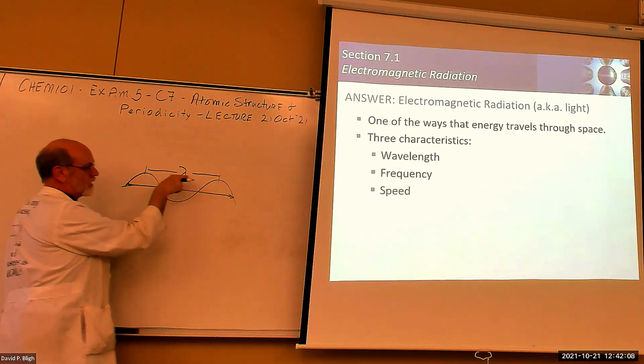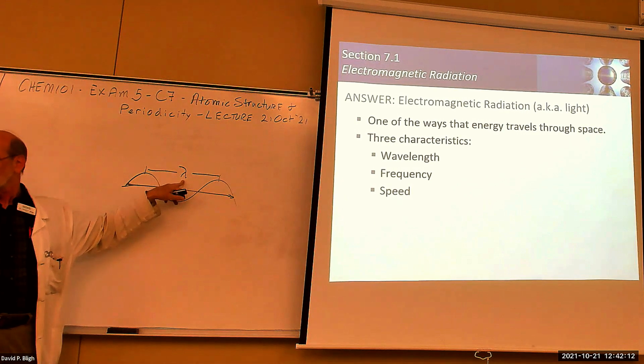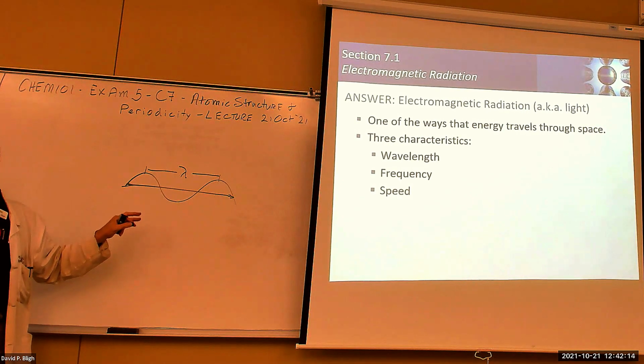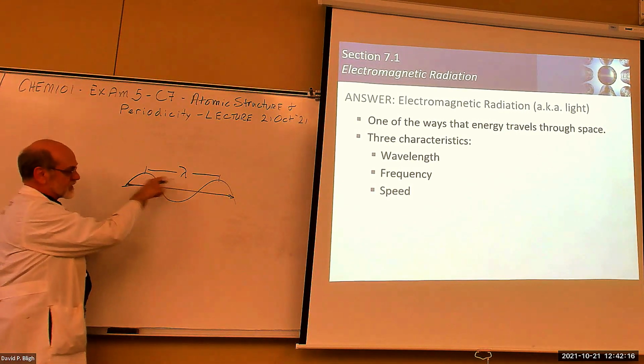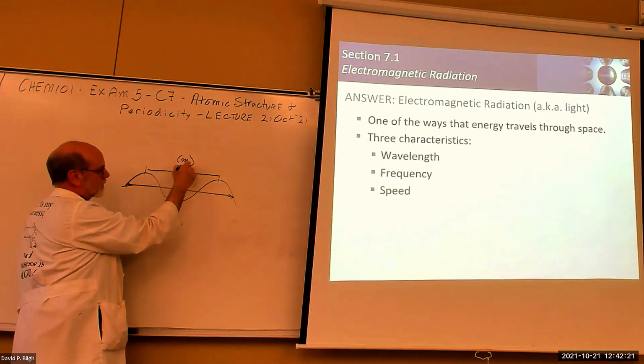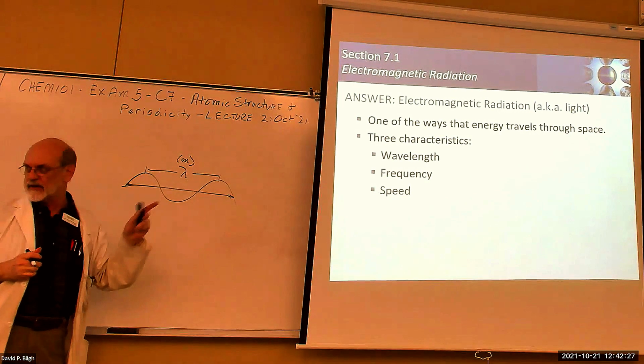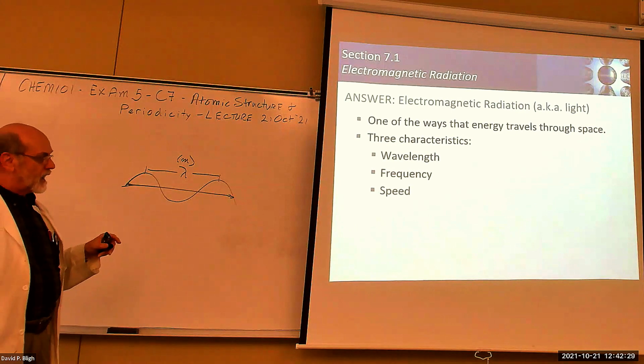And we use a small lambda. That's the Greek letter lambda, stands for wavelength. And this distance between those two crests is in units of meters. Those are standard SI units. There's another unit that we use, and I'll talk about it in a minute.